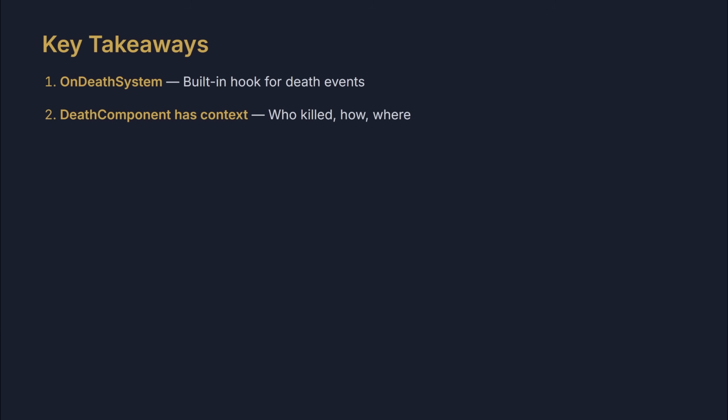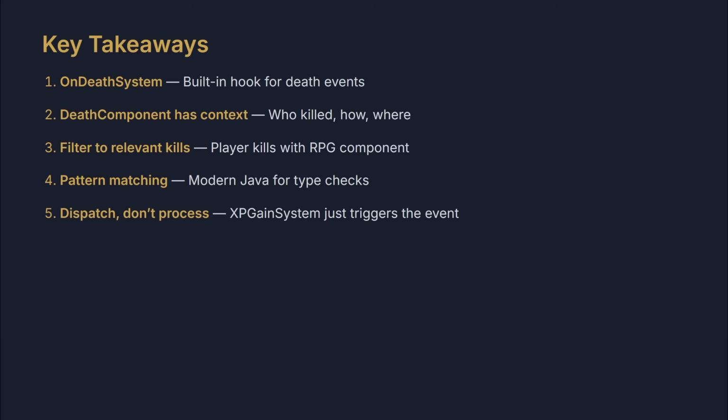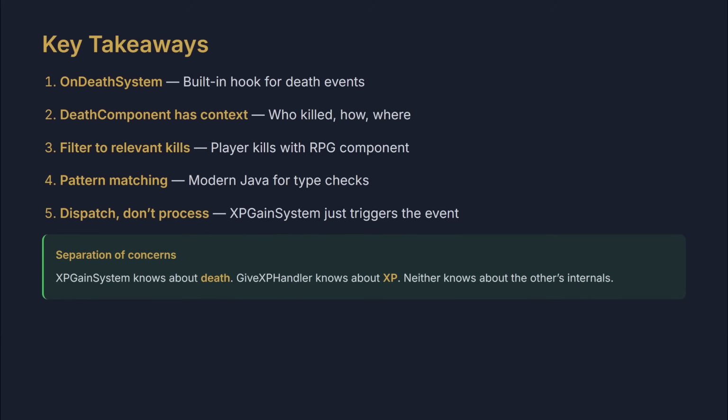We have the death component, which has context. We want to filter for relevant kills. We use modern Java language patterns, and we want to dispatch, not process. The XP gain system just triggers the events, and this is separation of concerns. The XP gain system knows about death. The GiveXP handler knows about XP, and neither knows about the other's internals.